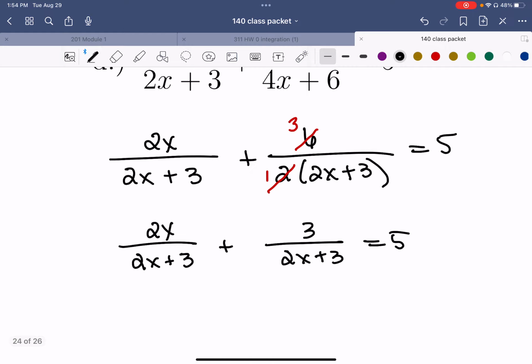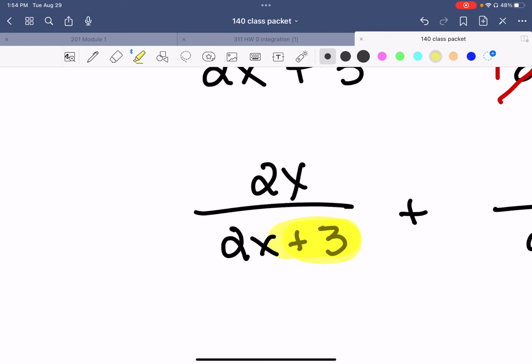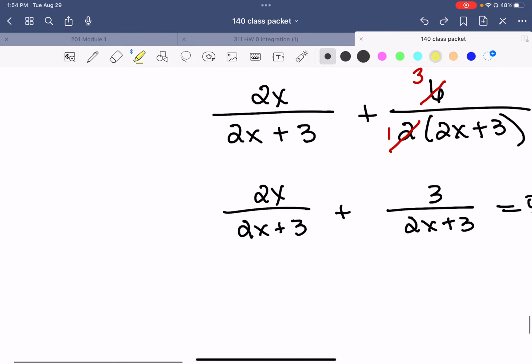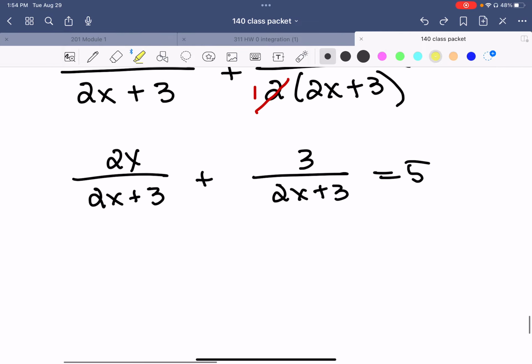Now, it is tempting in this first one to cancel those two x's, top and bottom, but the bottom one is not eligible to be canceled because it's got a 3 attached. This is a whole unit. You can't cancel unless you cancel everything. Okay, so we don't cross out the two x's. All right, from here, we want to clear our denominator.